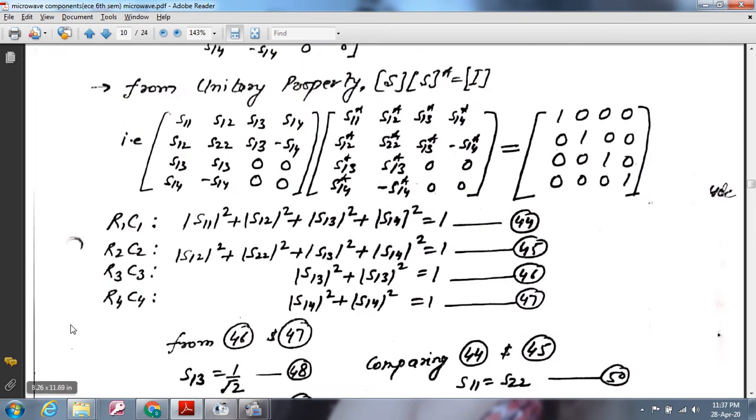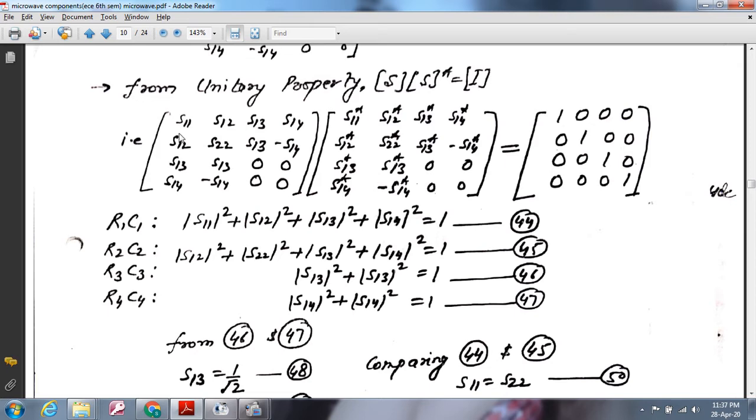Now again, as we proceeded in the case of the E plane T and H plane T, here also we are going to proceed in a similar fashion. Here we will take the multiplication of R1 and C1. Here this is R1 and this is C1.